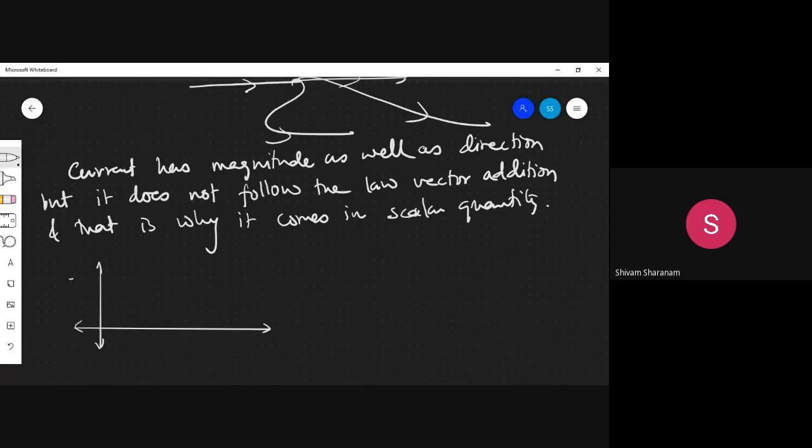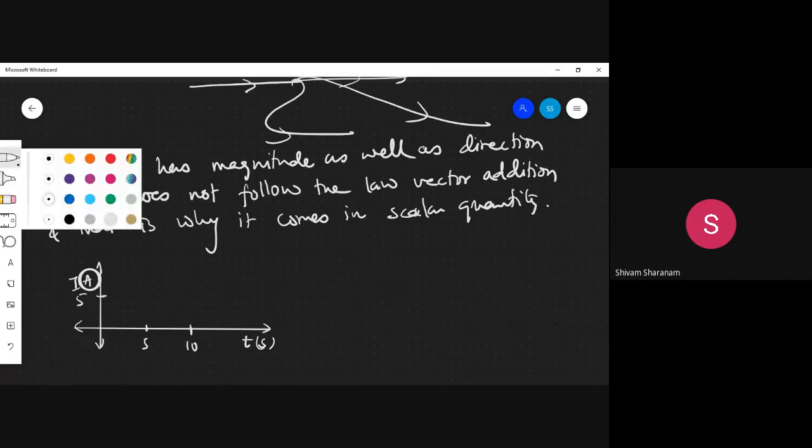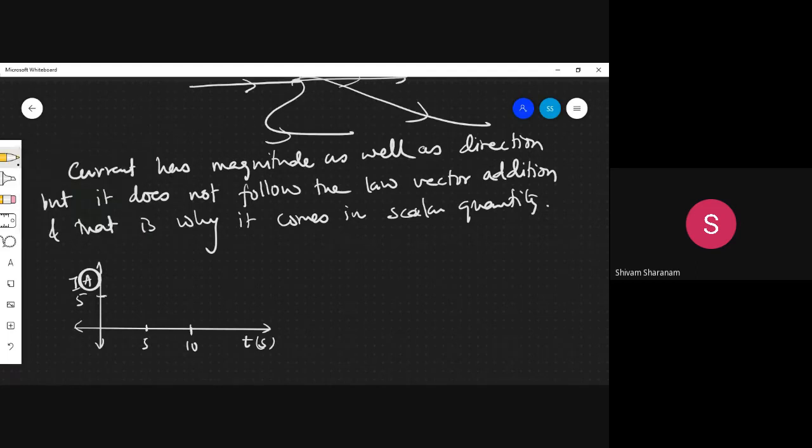Here is current in ampere. This is time in second. So 5 second, 10 second, 5 ampere. Now this is a graph which is given. The graph shows a plot of current versus time. What you have to find?